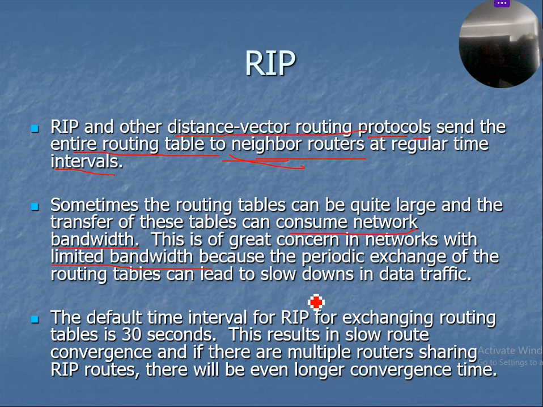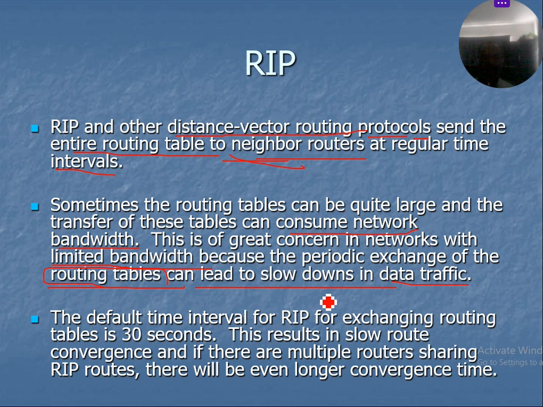This way we slow the whole network down and result in data traffic. If we continue to route the entire routing table to all neighboring routers, the entire bandwidth will be consumed, resulting in low speed and data traffic.